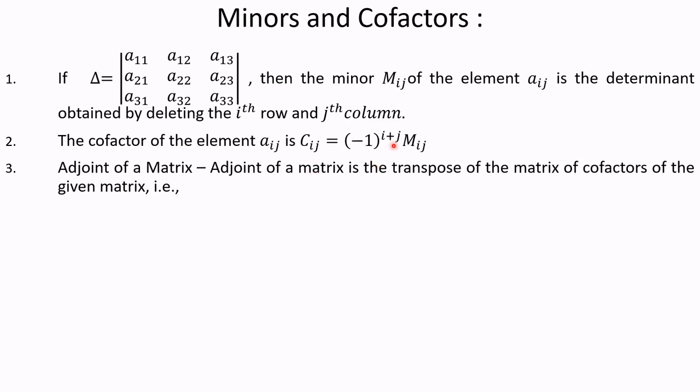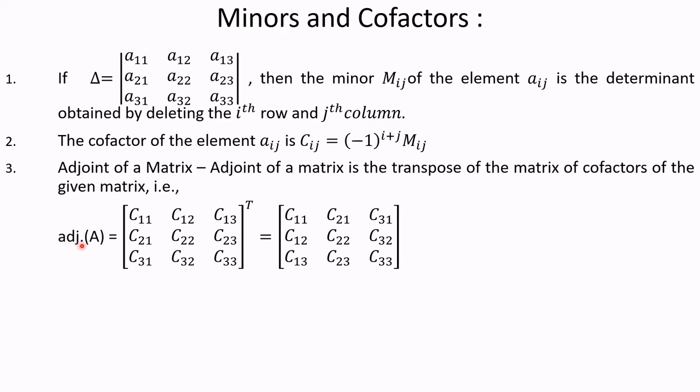Then, after having studied minors and cofactors, we will study the adjoint of a matrix. Adjoint of a matrix is the transpose of the matrix of cofactors of the given matrix. That is, if a matrix is given, we have to find the transpose. We have studied transpose in the previous chapter number 3, on matrices, and let us revise it again.